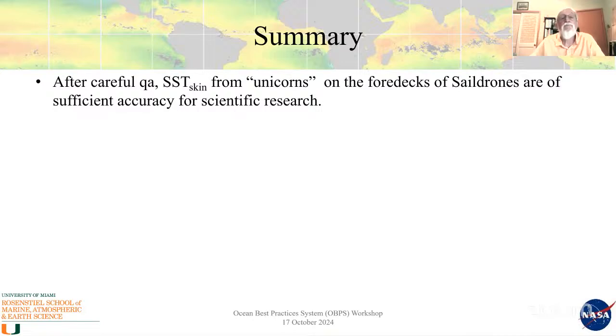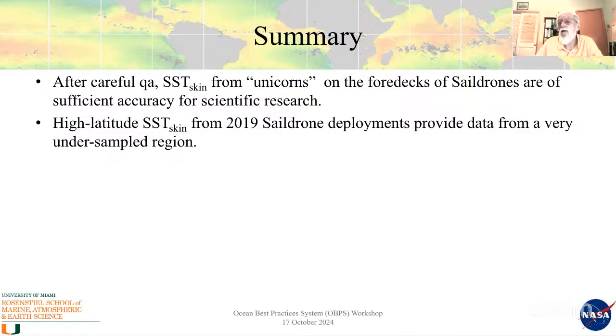So, summary. After very careful quality assurance, the skin SST from the radiometers in the Unicorn configuration on the foredecks of the sail drones can provide skin SST data with sufficient accuracy for scientific research. The high latitude deployments of sail drone provide data from a very, very sparsely sampled area, and yet it is critical to determine the consequences of climate change through this feature of Arctic amplification.